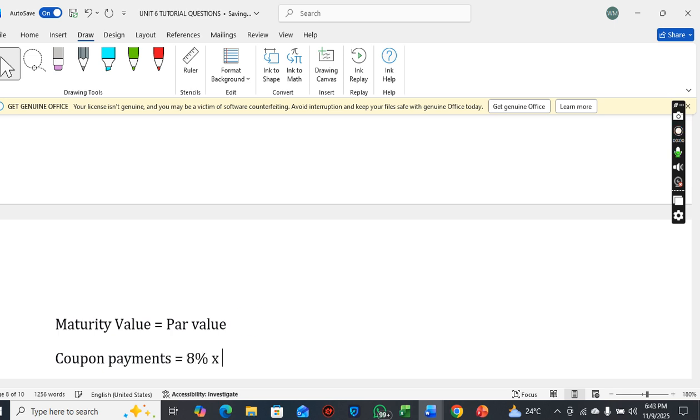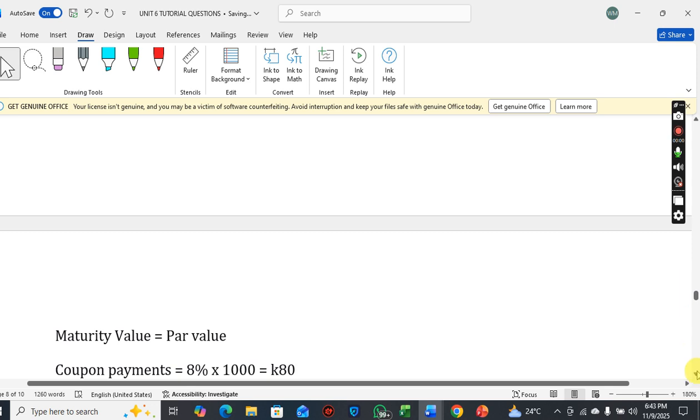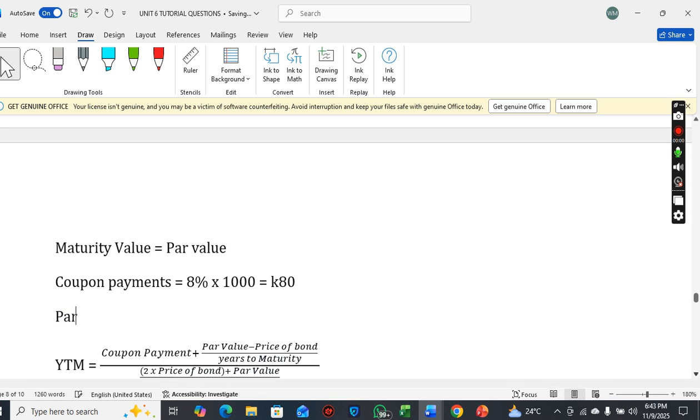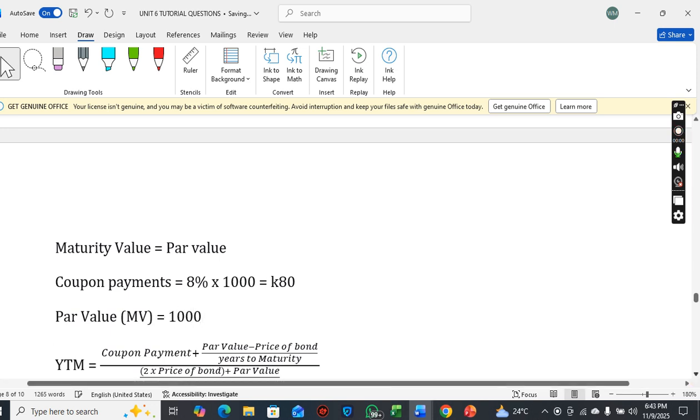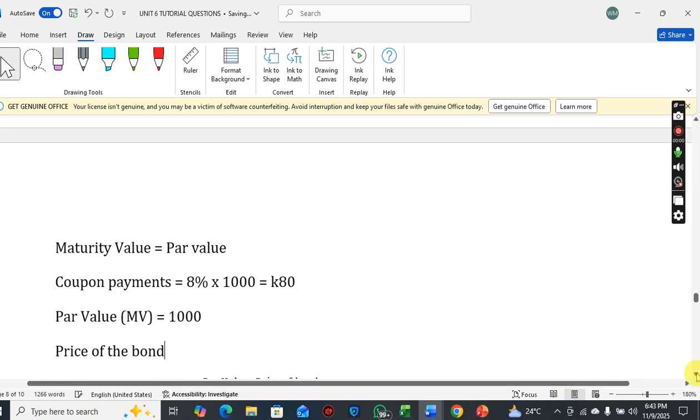What's 8% of 1,000? 80 kwacha, if I'm not mistaken. 80 kwacha. The par value or the maturity value is 1,000. Price of the bond, they told us.